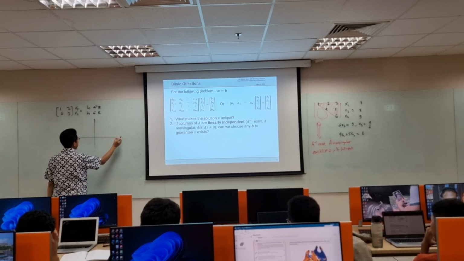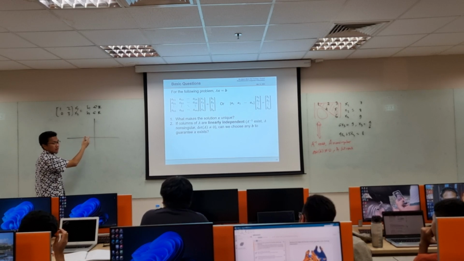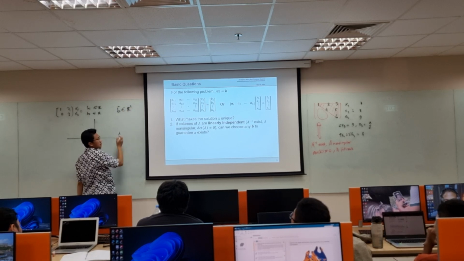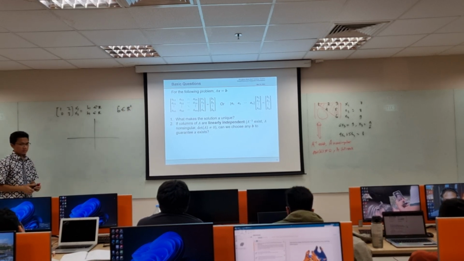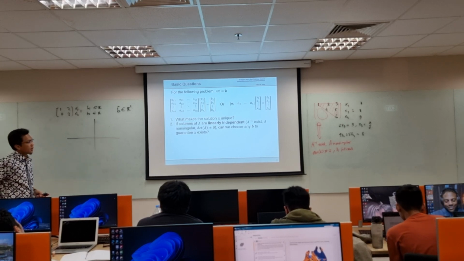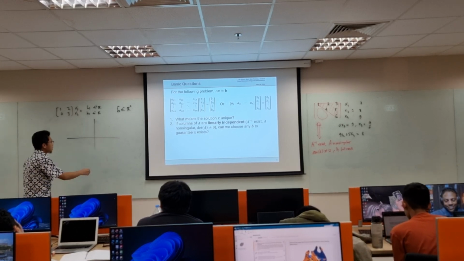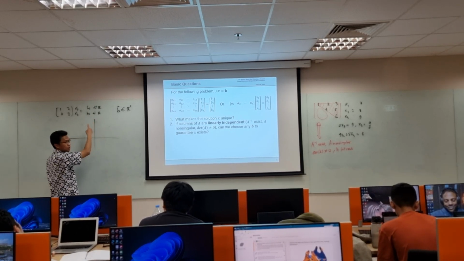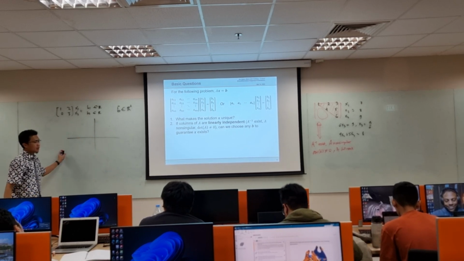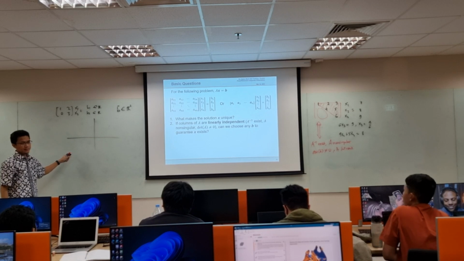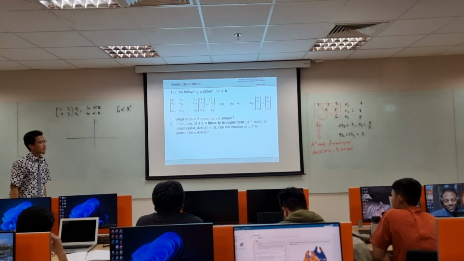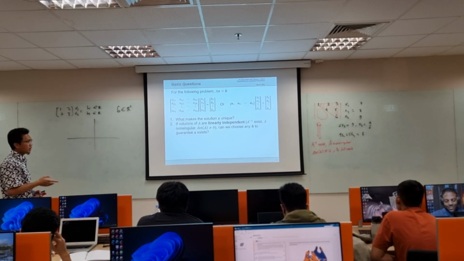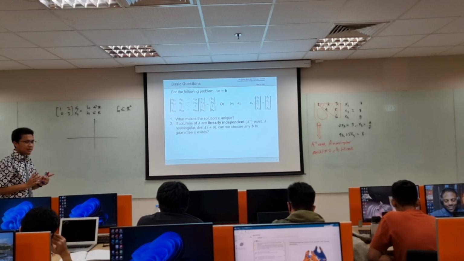So the vector B is in R2, correct? What we mean by choosing any B is that we can choose any point in the XY plane to become B. And the answer is correct: we can choose any B to guarantee X exists. What is the reason?